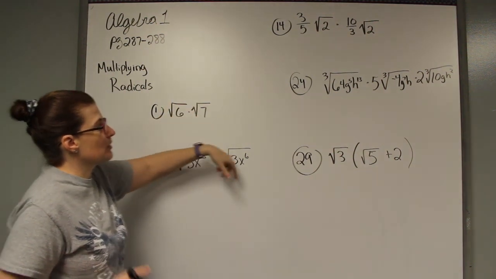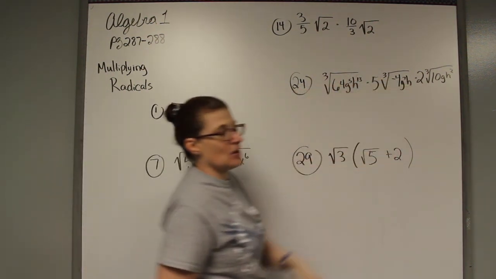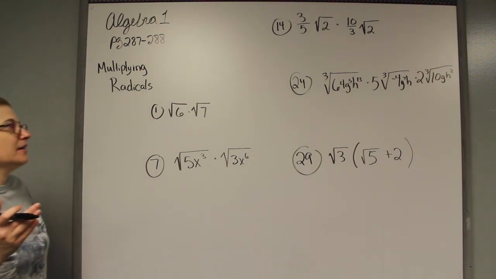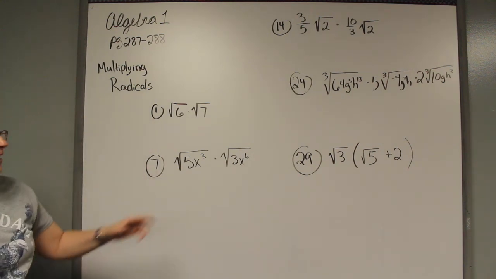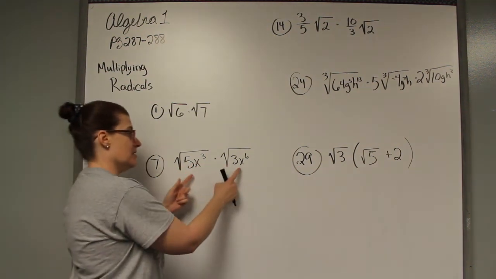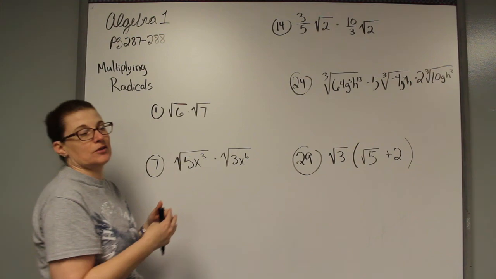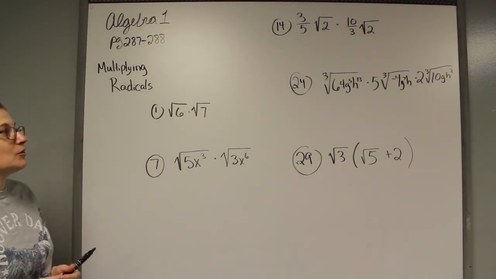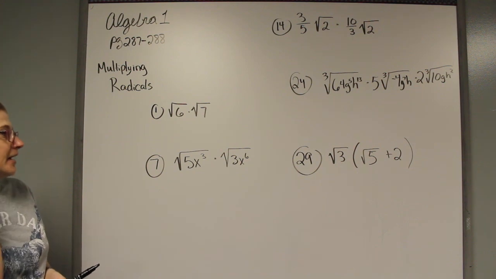Like these are both squares. These are all cubes. Those have to be the same, yes. But the radicals themselves do not. Whereas when you add them, these have to be the exact same thing in there in order to add them, which poses a little bit of a problem. So these are a little simpler than that.